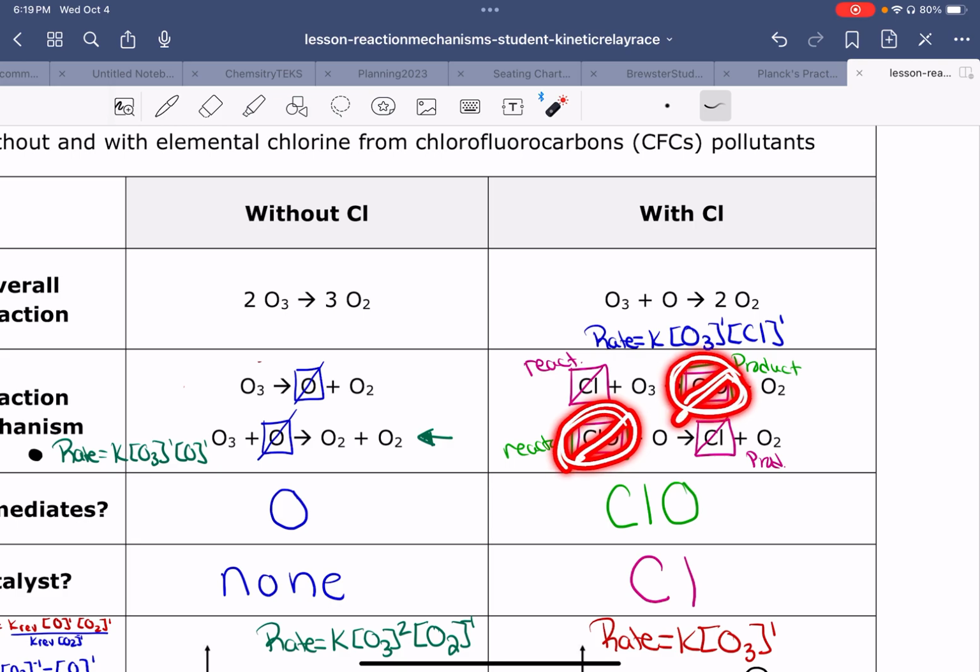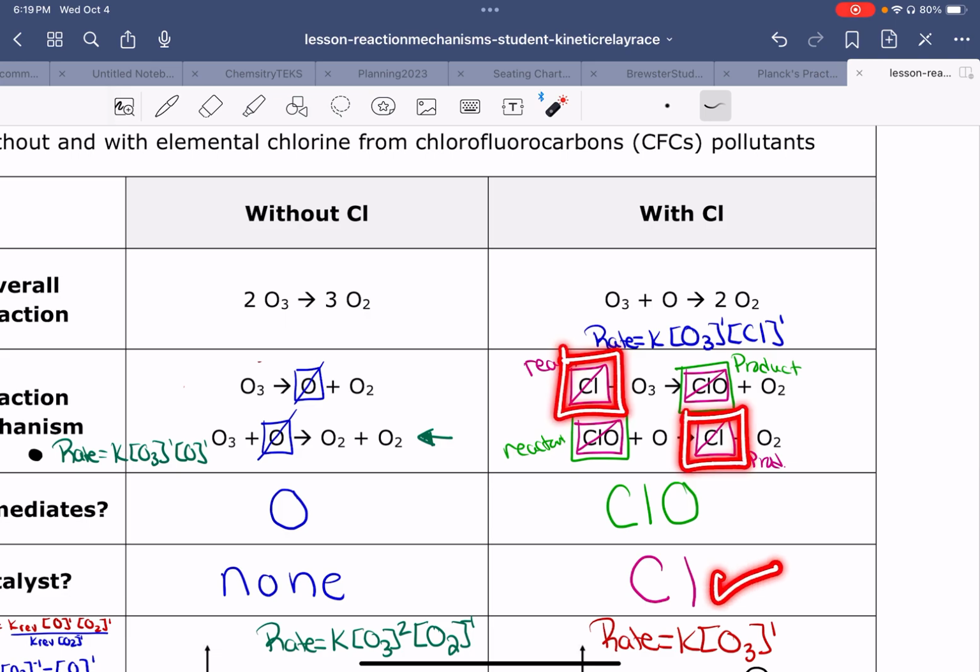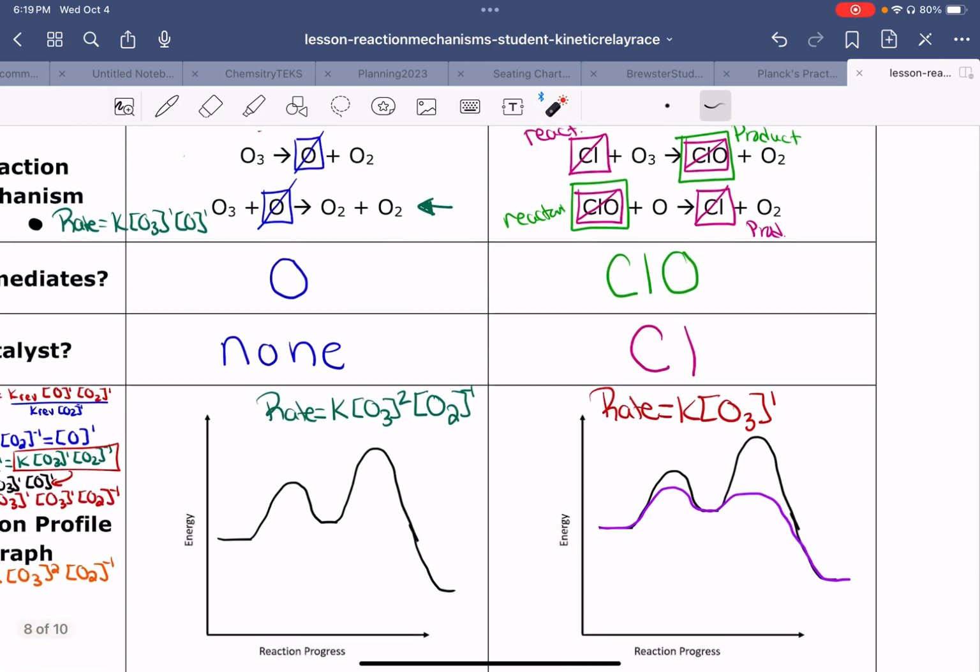Product, reactant, that's the intermediate. Here I have Cl as a reactant. Here it is a product. There's your catalyst.